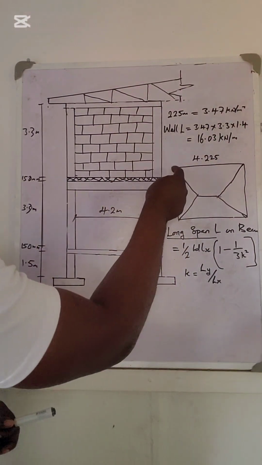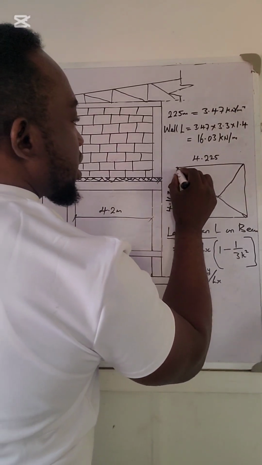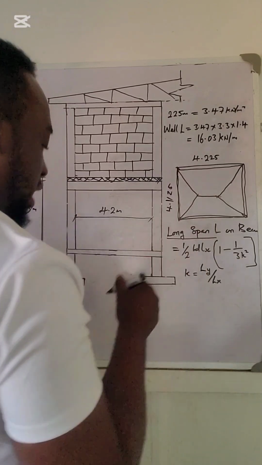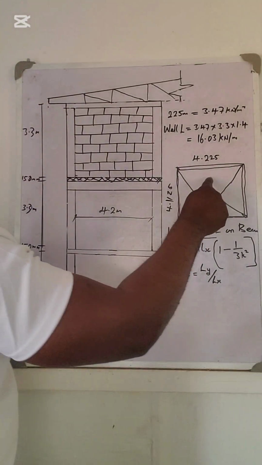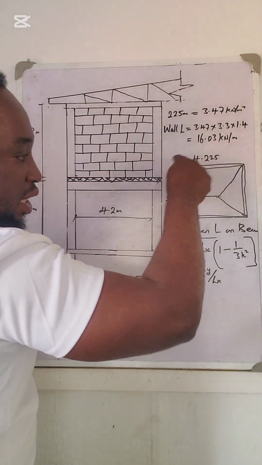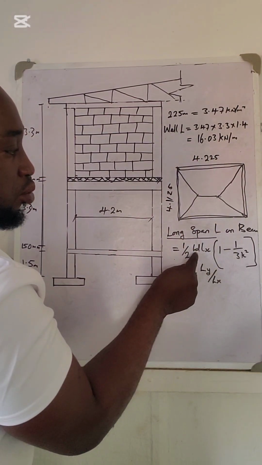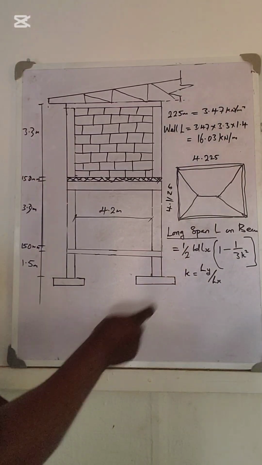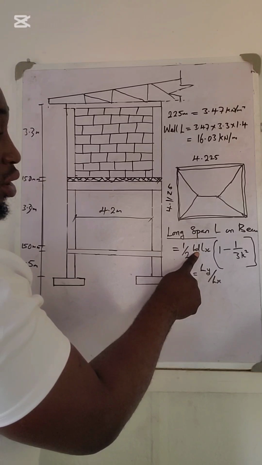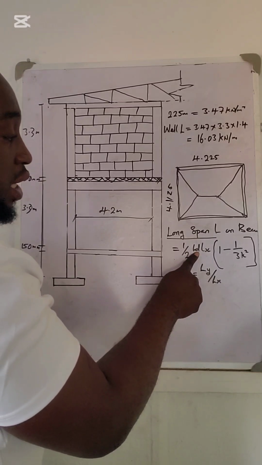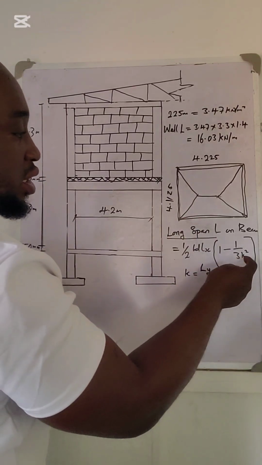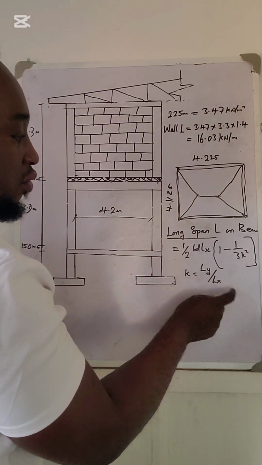Assuming this is the beam here, this is another, now the load from the slab to the beam along the longer side, along the LY, the formula is this, where W is the ultimate design load from the slab, while this one is the LS, the shorter span. Then this one is K, as I said before, LY over LS.